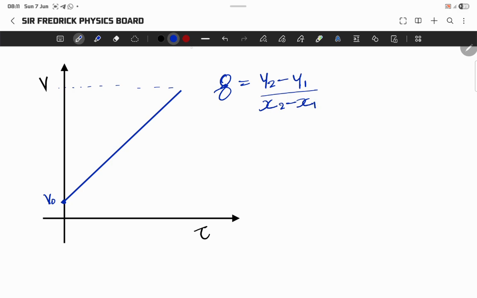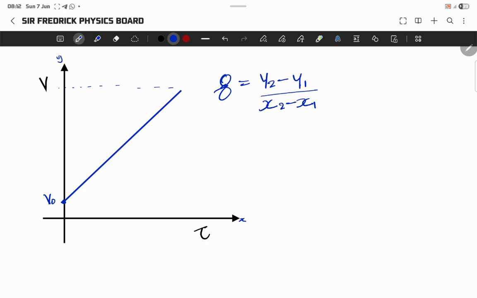It means that y2 will be the highest or maximum in the y-axis. If it was mathematics, this can be our y-axis and this can be x-axis. So the highest value in the y-axis will be our y2, and the lowest value in the y-axis will be our y1. Then the highest value in the x-axis will be our x2, and the lowest value in the x-axis will be our x1. All right, so that's how we calculate the gradient.